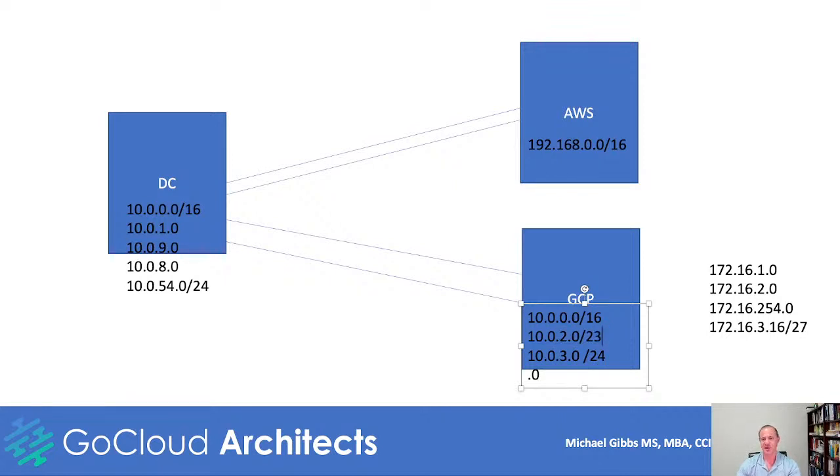And let's say we've got over here a 10.0.53.0/24. And let's say we were really bad at this. And we, for example, had another 10.0.0.0/16.